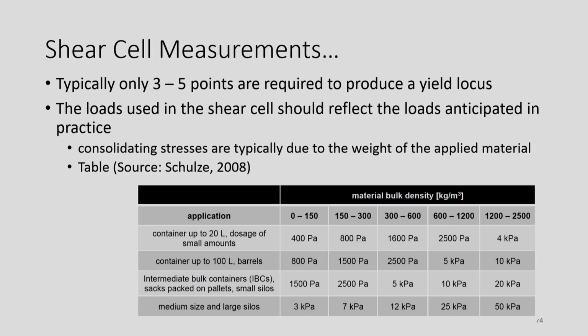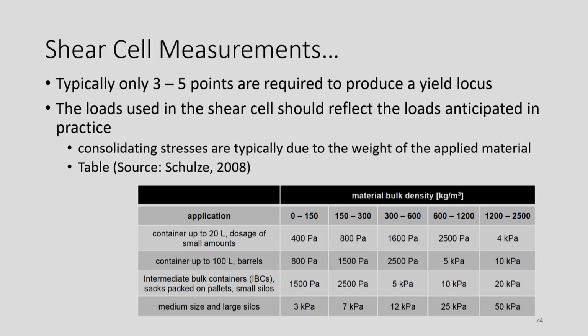Okay. So again, for any shear cell measurements, ideally, you might need maximum 5 points. So 5 points of consolidation stresses, and then measure the shear stress and then get the yield locus. But again, I think Schulze developed this table that you can use as a reference point to get the pressures that you can use based on the bulk density of the material.